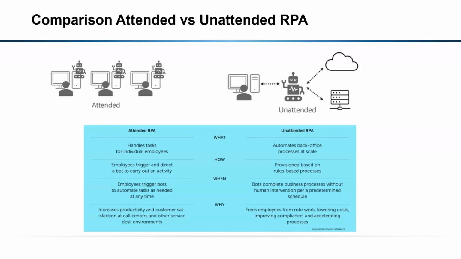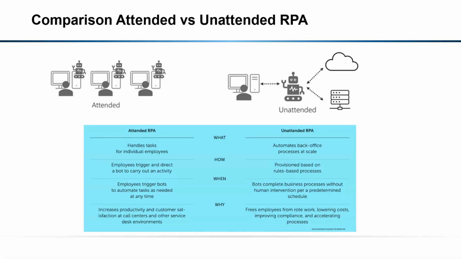In unattended, there is no bot sitting with the employee, but there can be a server in the data center or the cloud which has bots running in high volume to take care of things. So the employee doesn't have to be involved in the flow, but the employee, whoever it is, can be notified and can monitor how the unattended RPA bots are functioning.